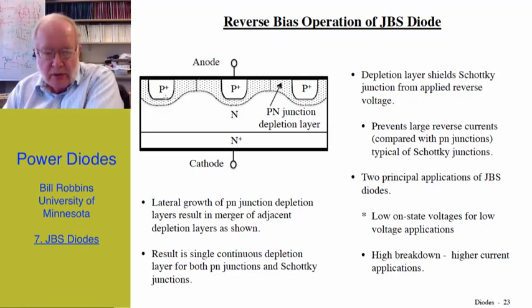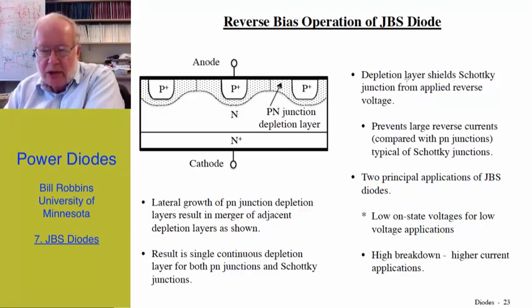I show here the growth of the depletion region, which started very close to the P plus N region and has grown laterally and met with the adjacent one going from the next P plus region. The lateral growth results in a merger of these depletion regions and results in a continuous depletion region layer for both the PN junction and Schottky junctions.